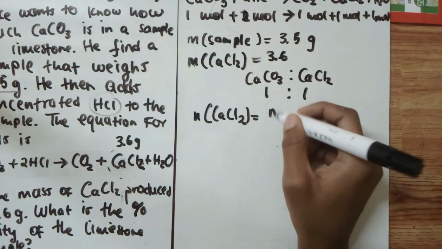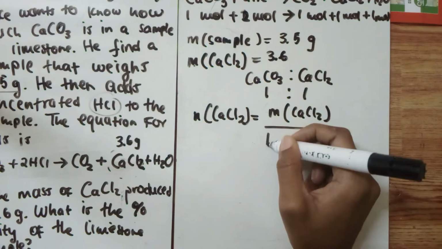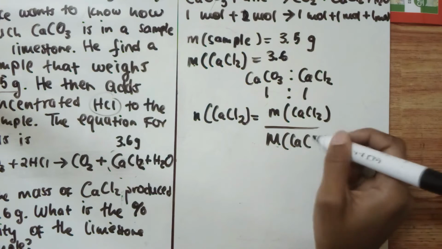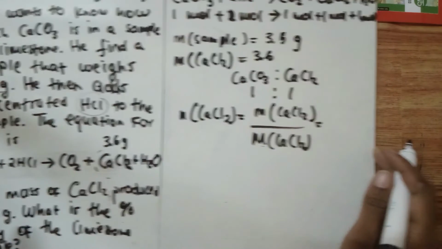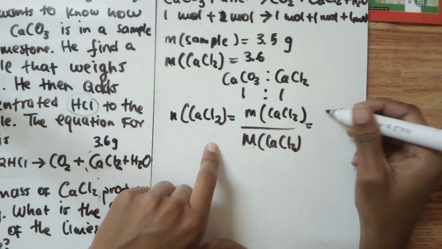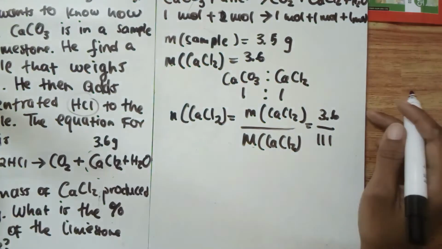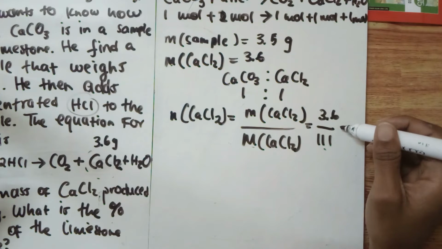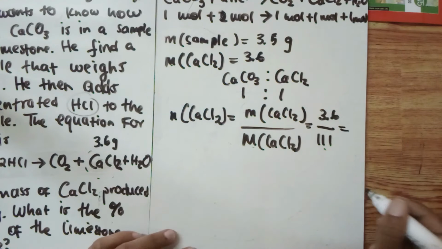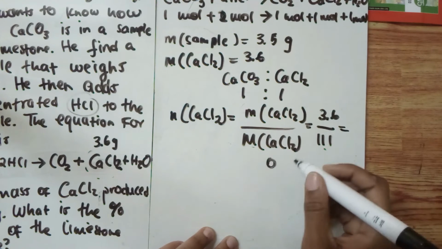Let us calculate the number of moles of calcium chloride. It is the mass of calcium chloride divided by the molar mass of calcium chloride. Use your periodic table to find the molar mass. We know the mass is 3.6 divided by 111. This is a straightforward calculation that you should be able to do.